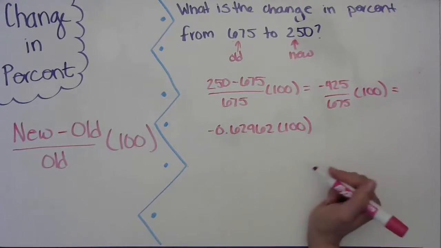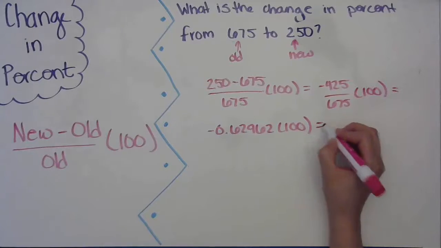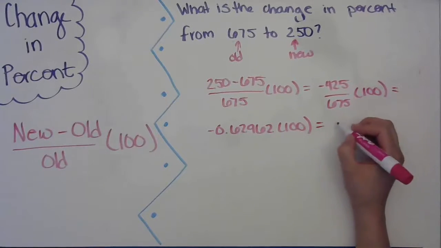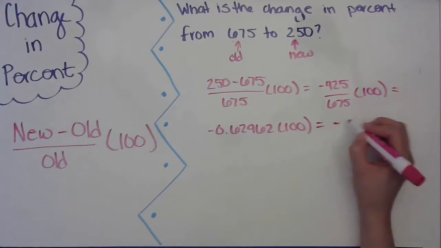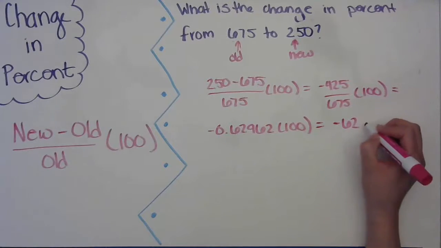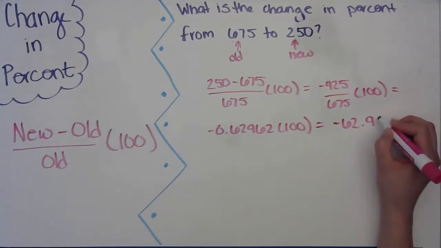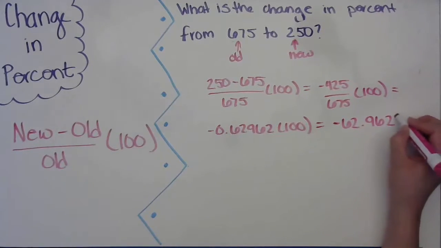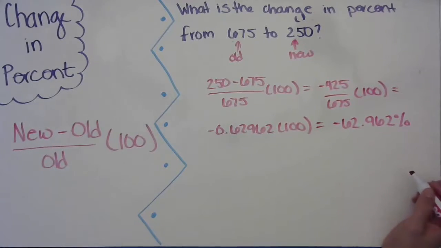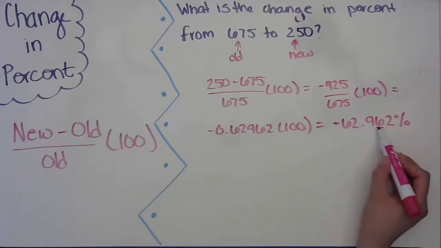Now at this point in the problem, we are not going to round yet, so let's go ahead and just multiply that out. That's going to give us negative 62.962. And at this point is when we round to this spot right here.